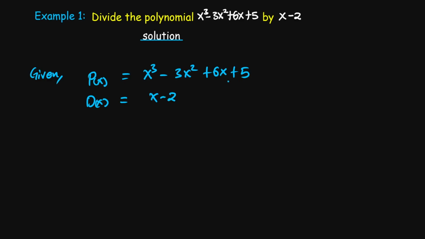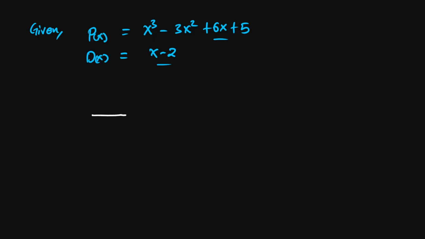And we are required to divide this polynomial by this divisor using long division. So we have a long division symbol, a divisor x minus 2, and a polynomial, which is our dividend, x cubed minus 3x squared plus 6x plus 5.